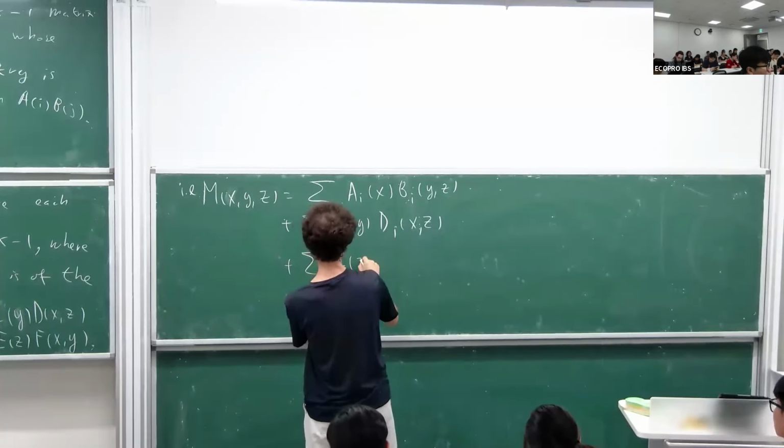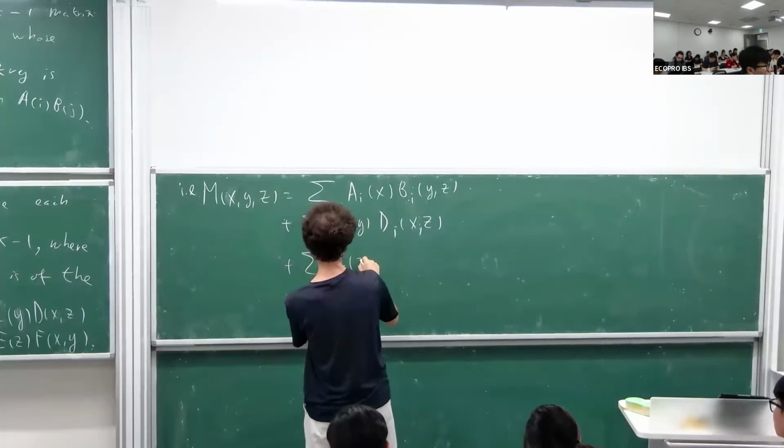Then let's consider the intersection of this vector space U with the coordinate subspace in which the first k coordinates are zero. So I'm intersecting this vector subspace with this vector subspace.